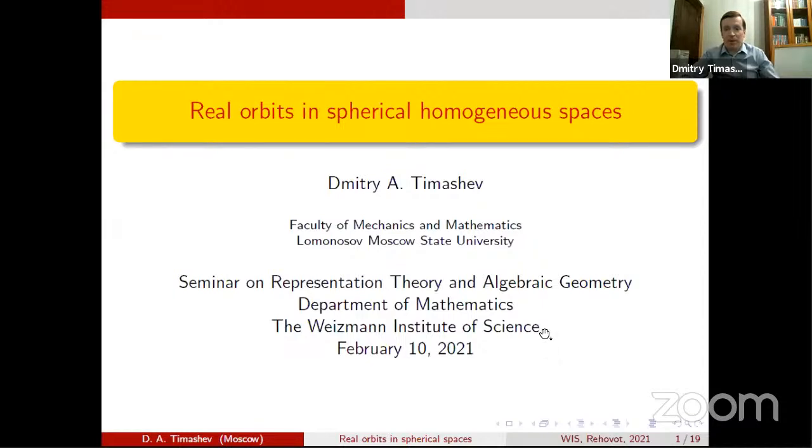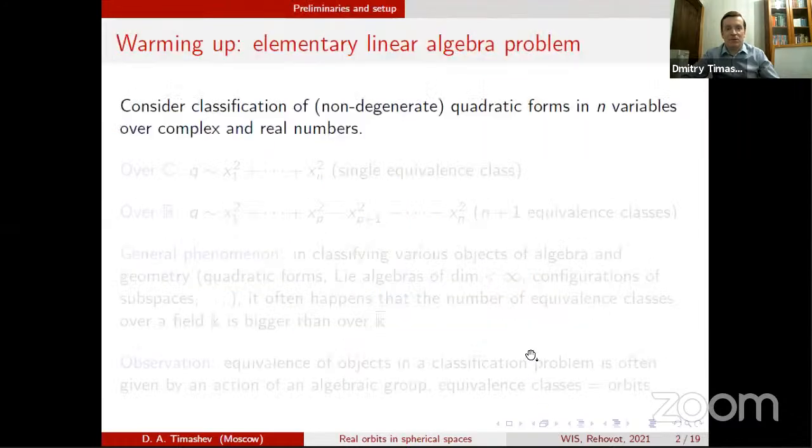Let me start, for warming up, with an undergraduate linear algebra problem of classifying quadratic forms over complex numbers and real numbers. For simplicity, I will consider non-degenerate quadratic forms, but actually this doesn't matter essentially.